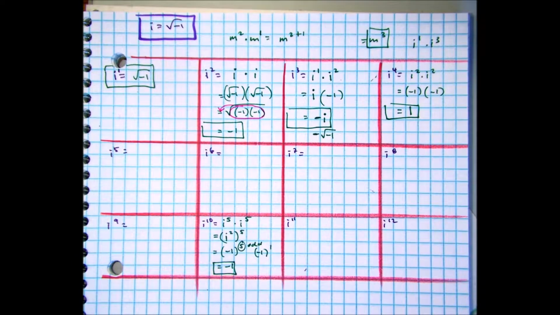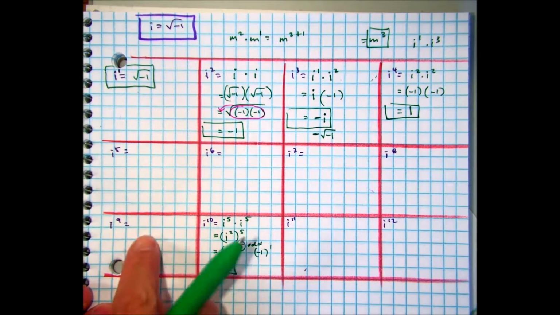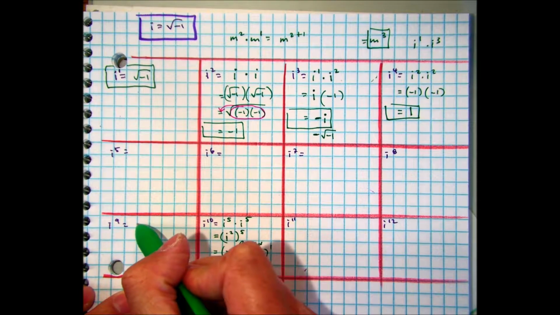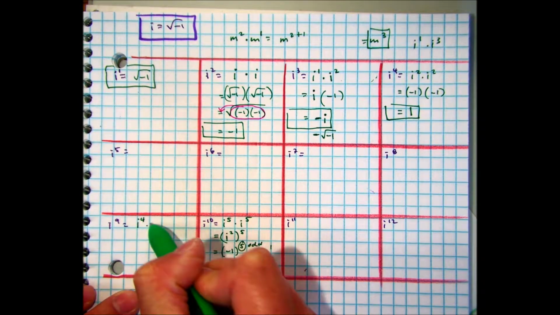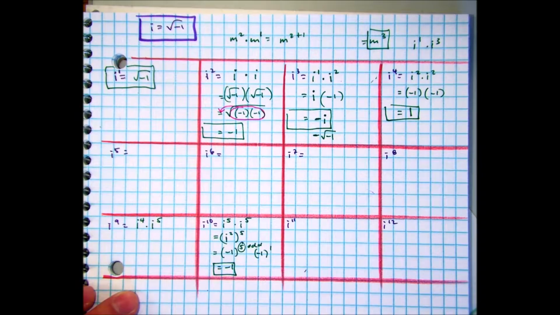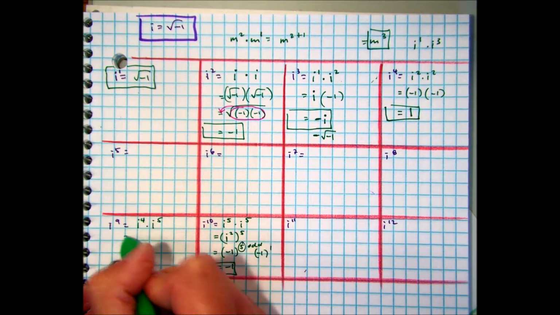John B, pick a number. Tell us what's right. Equals i to the 4th. What is i to the 4th power?